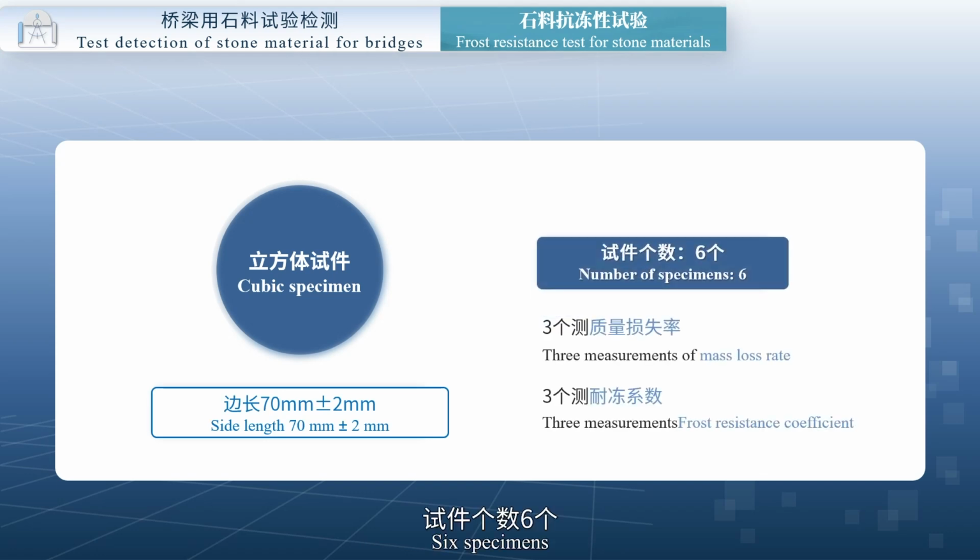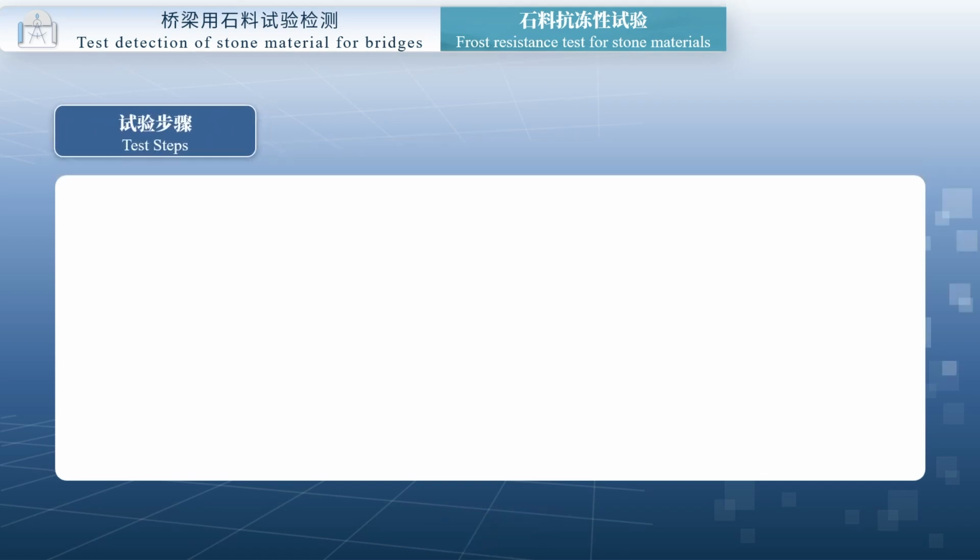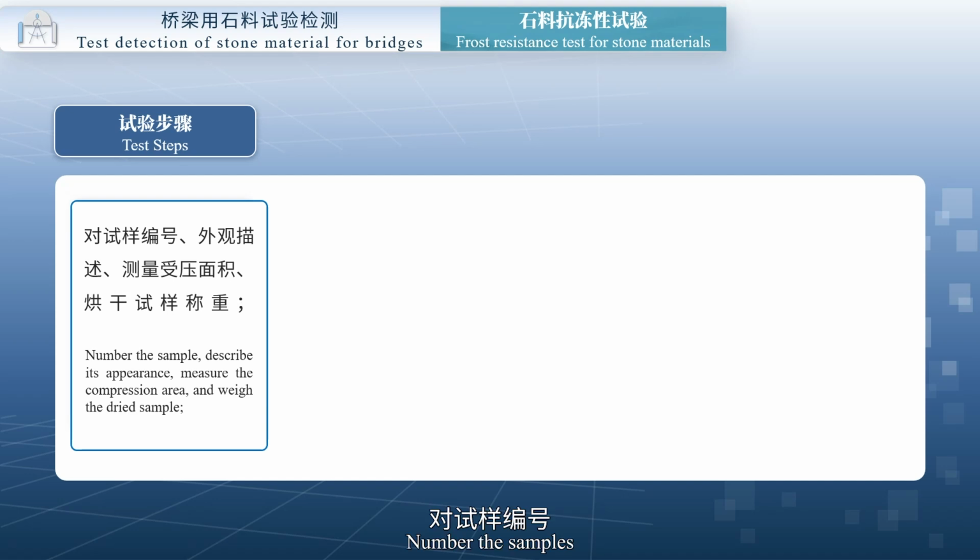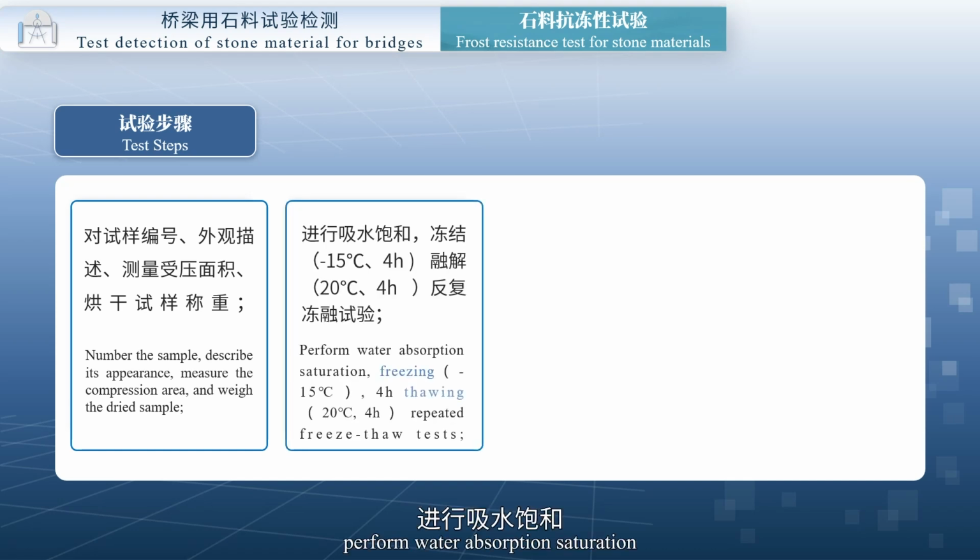6 specimens. Test steps. 1. Number the samples, describe appearance, measure the compression area, and weigh the dried sample. 2. Perform water absorption saturation. Freezing and thawing: repeated freeze-thaw testing.